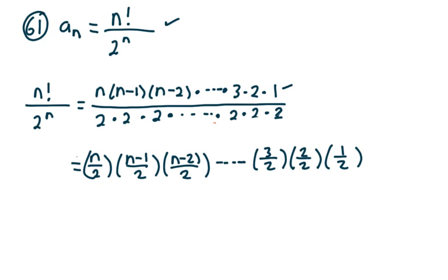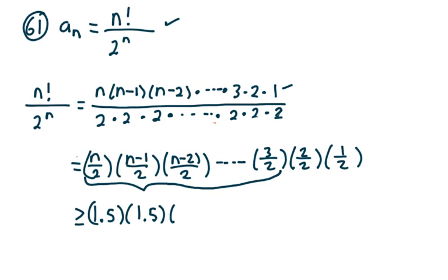Now, the claim is each one of these factors up to 3 over 2 is bigger than or equal to 1.5. That is fact, right? Now, this is greater than or equal to 1.5 times 1.5 times 1.5 all the way down to 1.5 times 1 times a half.